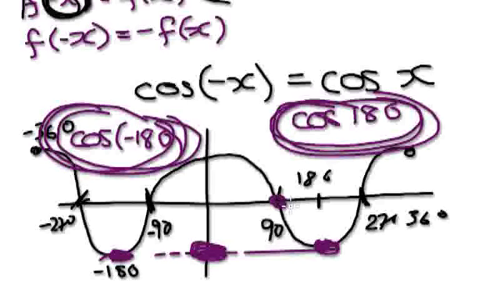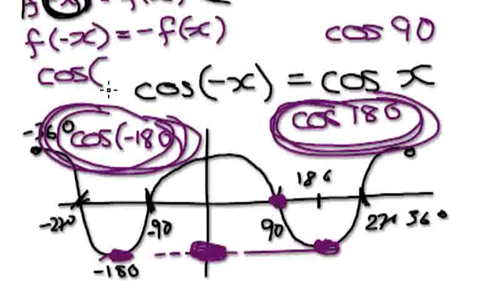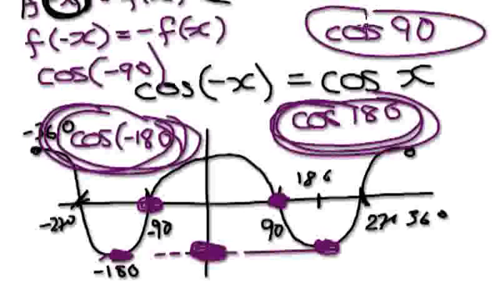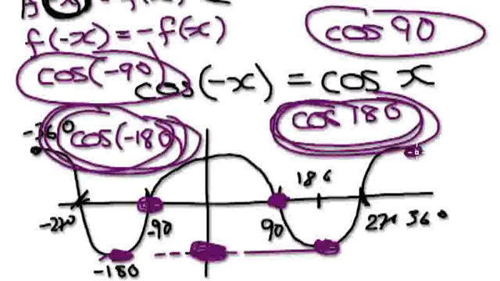Let's look at 90. Cosine of 90 is here, and now let's do cosine of negative 90. It seems like this is the same as this here. So we can say that cosine of 90 is the same as cosine of negative 90. Let's look at 360.